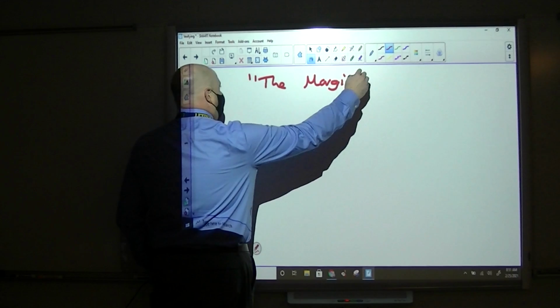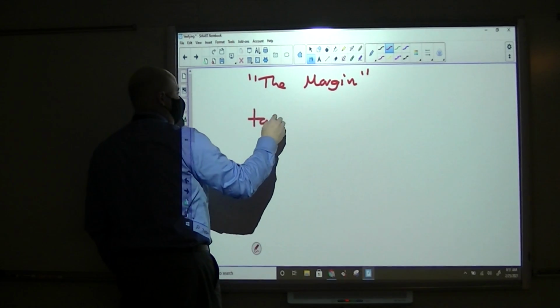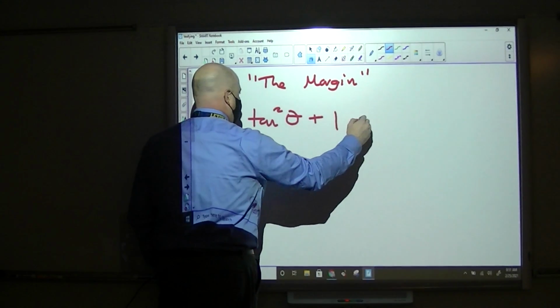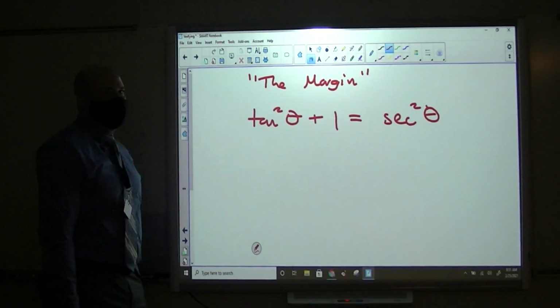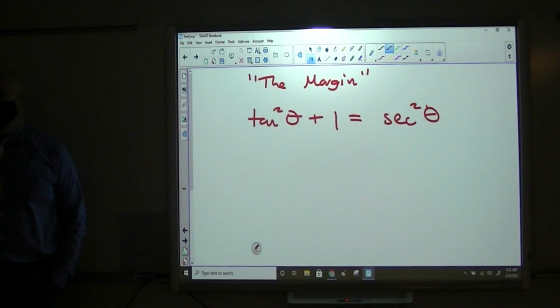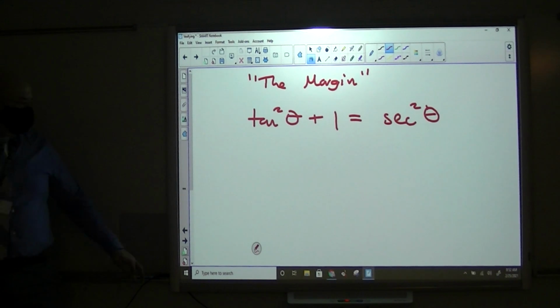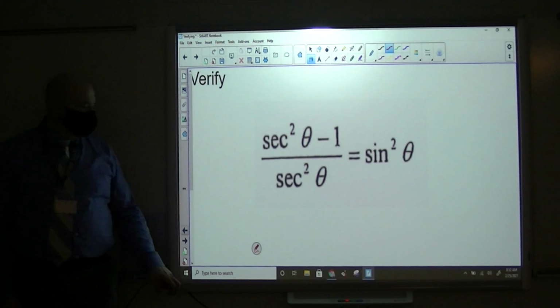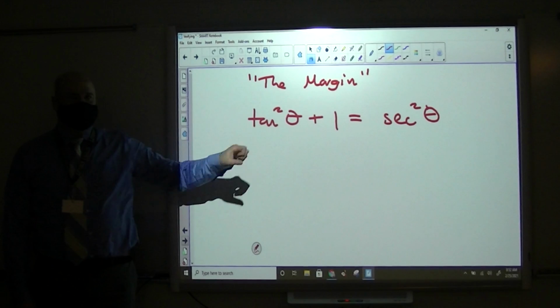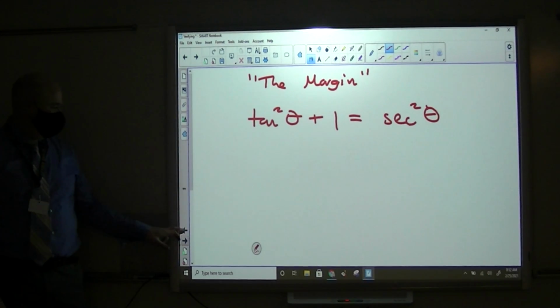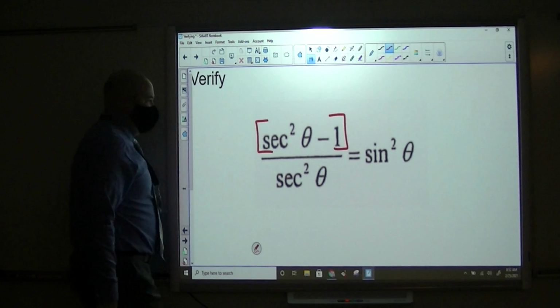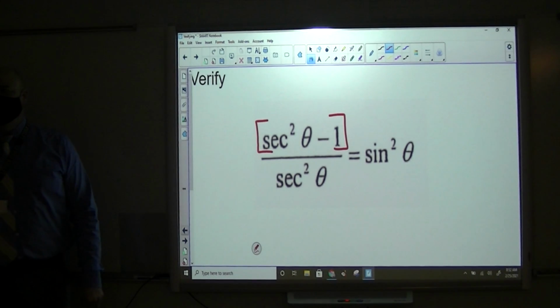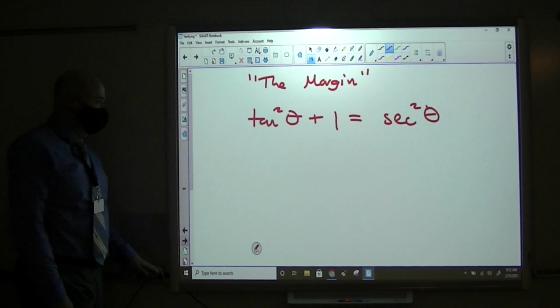And we say, all right, this is the squared term expression that involves secant squared and the number 1. Can I do something to this to have it say that? How many of these have we done? Quite a few.